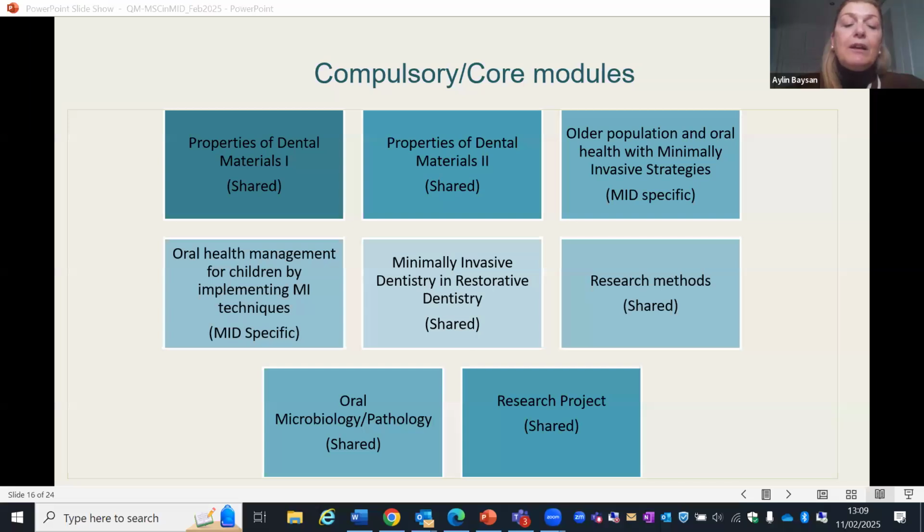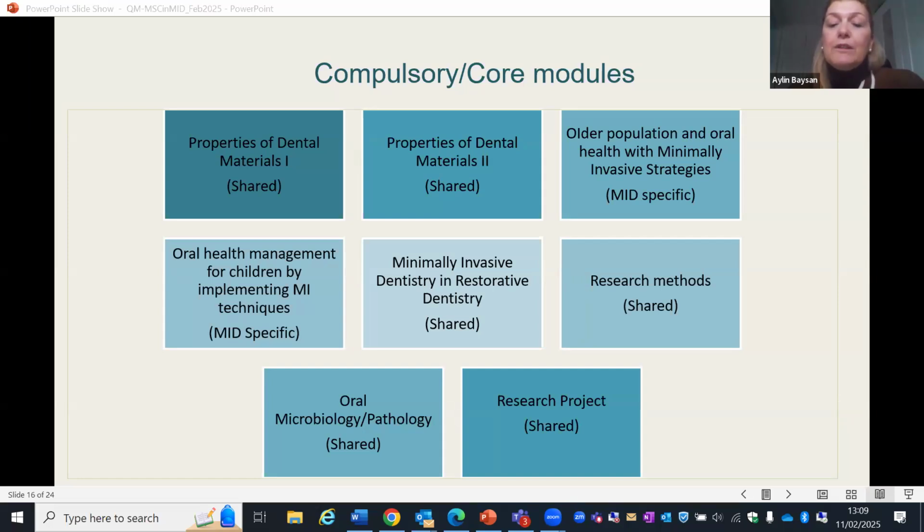You will have the seminars, and in MID 1 you will start seeing patients, not them, only you, because it's a clinical program. But MID 2 is specific only for MID students, and they will continue seeing patients. The patient demographics will be adults, and you will have the opportunity to do really restorative work, considering the MID techniques as well. And I will share some examples of previous patient care.